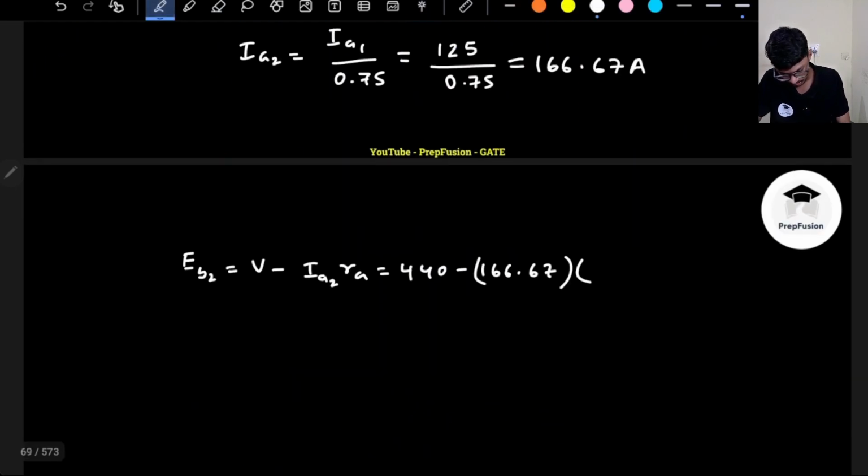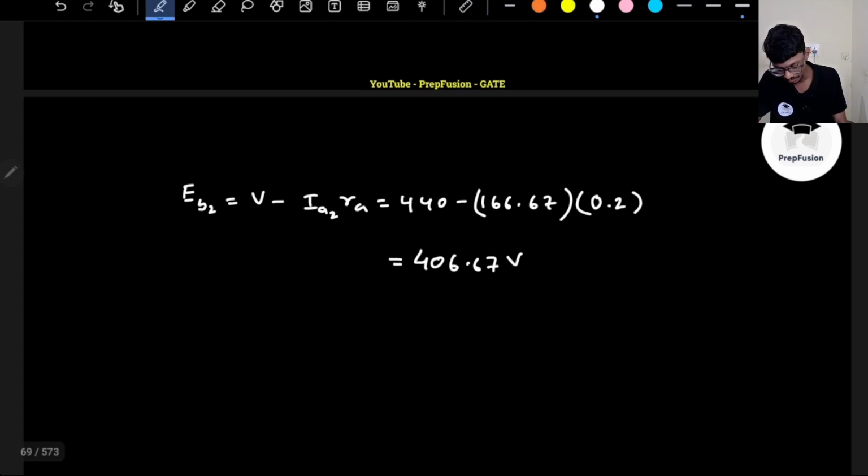So EB2 is 440 minus 166.67 into 0.2, which is 406.67 volts. This will be my back EMF in the second case.